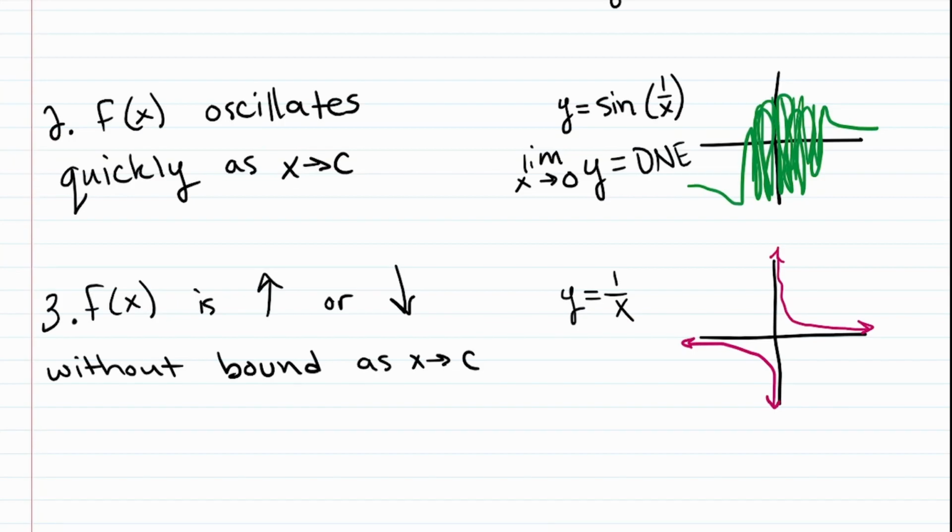If we were to try to take the limit as x approaches 0 of y, when y is 1 over x, then from the left-hand side we are approaching negative infinity, and from the right-hand side we're approaching positive infinity. So in this example, not only are we approaching infinity on either side, but one is negative and one's positive.